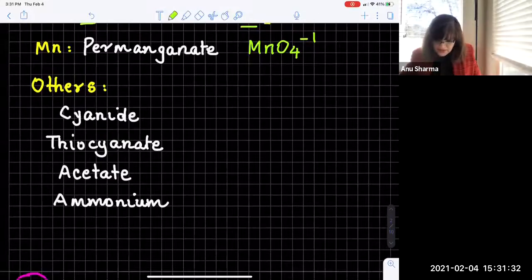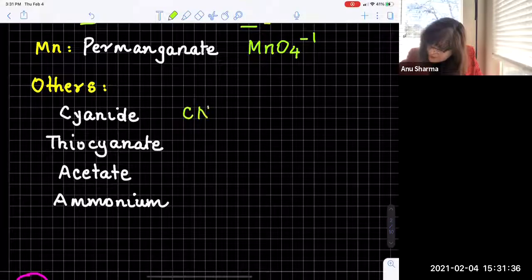Then there are some special ones like cyanide. Some of them you just have to commit to memory. Cyanide is CN-1. Then comes the thiocyanate. Now this one is thio. Thio stands for sulfur, sulfur based. So this one is SCN 1 negative.